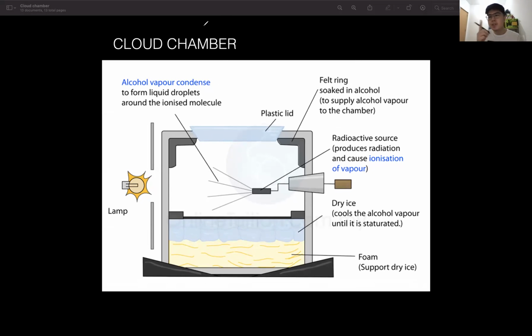Now, the GM tube is used to detect radioactive sources, but it cannot tell whether it's alpha, beta, or gamma. A cloud chamber can tell whether it's alpha, beta, or gamma. So the function of a cloud chamber is to detect and tell whether it's alpha, gamma, or beta.